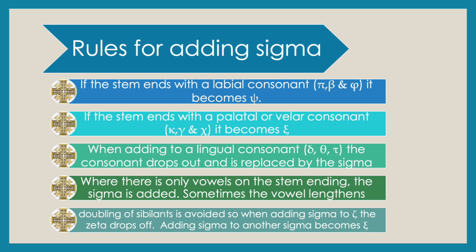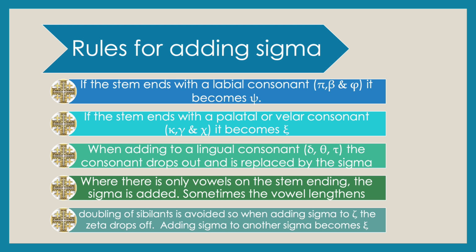Quite obviously you've got a k and then an s sound, so ksi. And if you're adding it to the lingual consonants, the ones that are said from the front of the mouth, just behind the lips, d, th and t, then the consonant drops out and is replaced by the sigma.